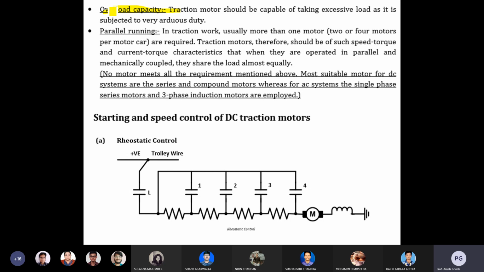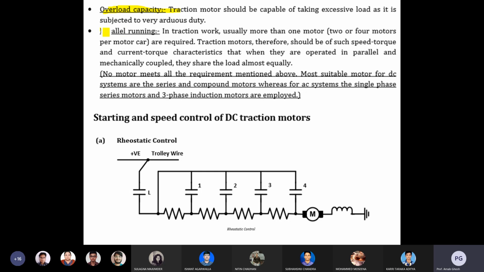Suppose one motor may fail in fulfilling all the functions, that's why parallel is required. Suppose one converter is not working properly, then the parallel converter is there and can directly take over.